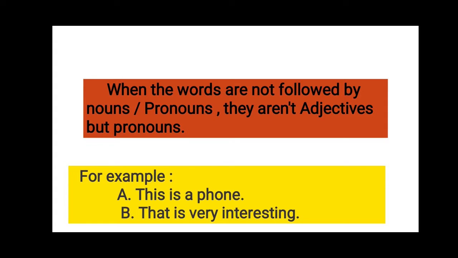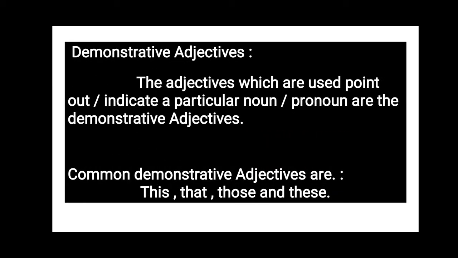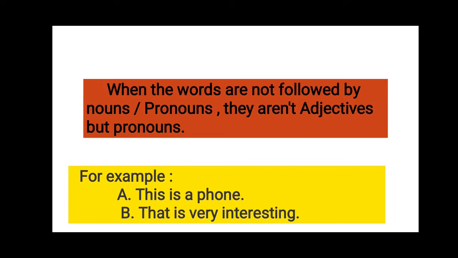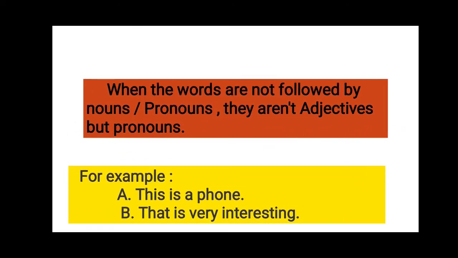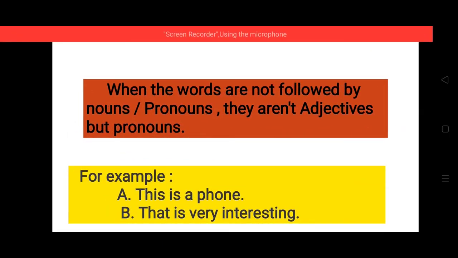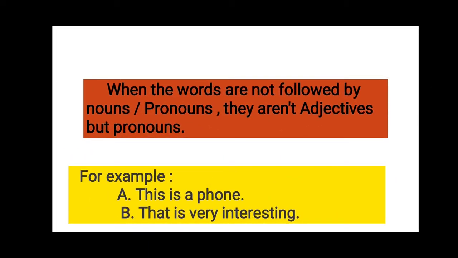Now student, sometimes you may see that the words, say for example this, that, those, and these, are not followed by nouns or pronouns. Then they are not adjectives but demonstrative pronouns. Say for example, number A, this is a phone.